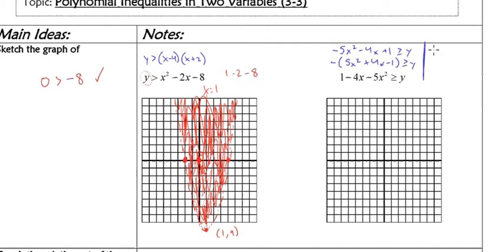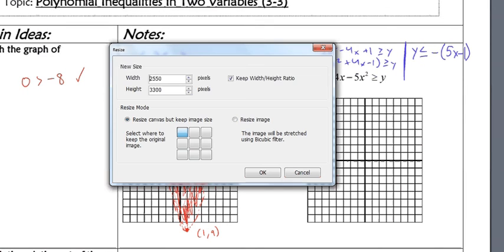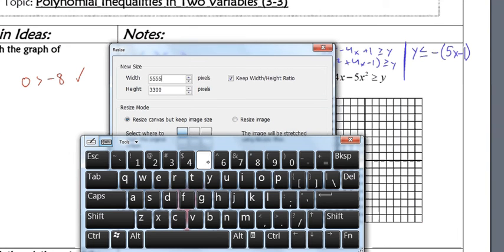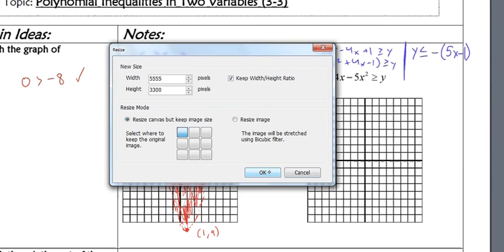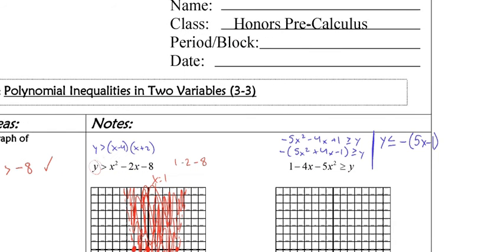let's see, what is that going to be? So y, I'm going to change my y to the other side, is less than or equal to negative 5x minus 1 times, oh, ran out of room. Let me make this a little bit bigger. All right.